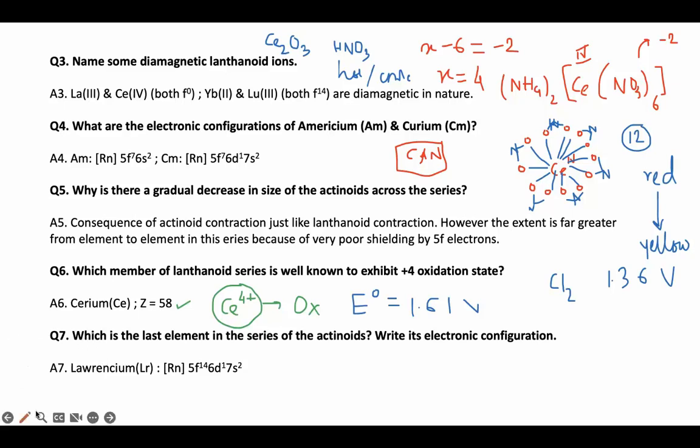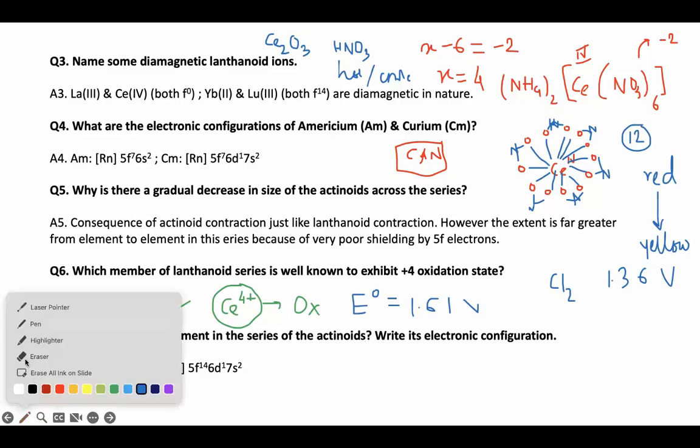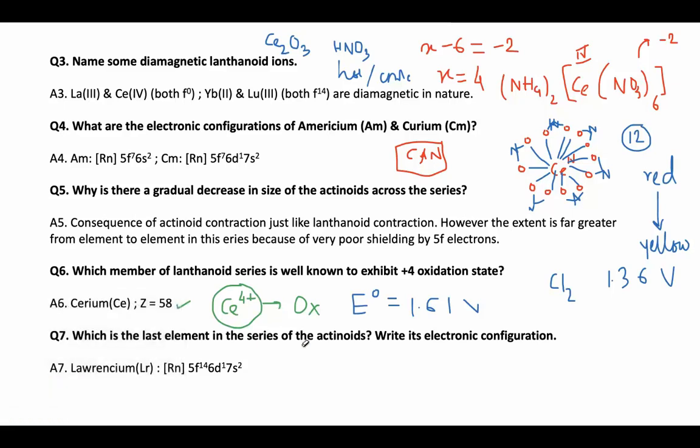So we shall move to the next question. Which is the last element in the series of the actinides? Write its electronic configuration. The last element of the actinides is lawrencium, with the atomic symbol Lr.